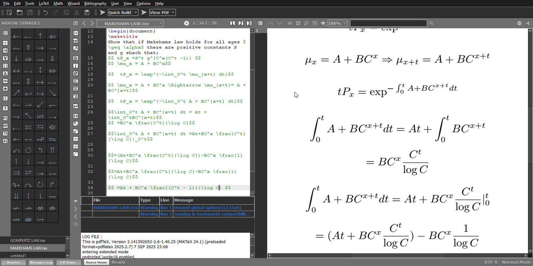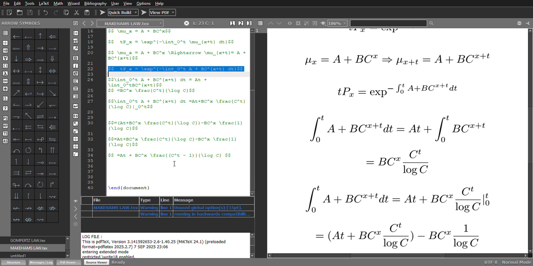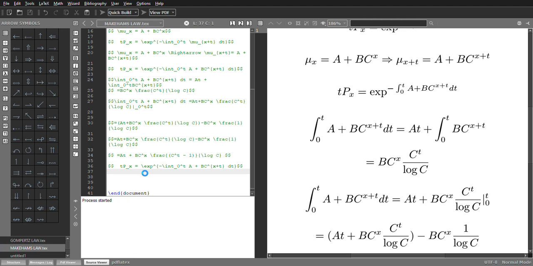So let's take this probability of survival first. Let's bring it down here first so that we can deal with what we are seeing.